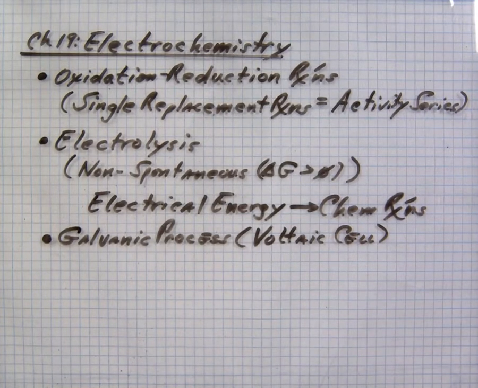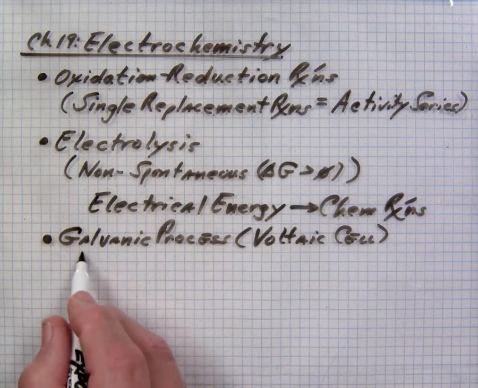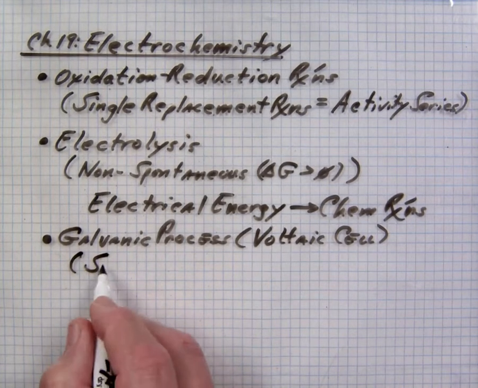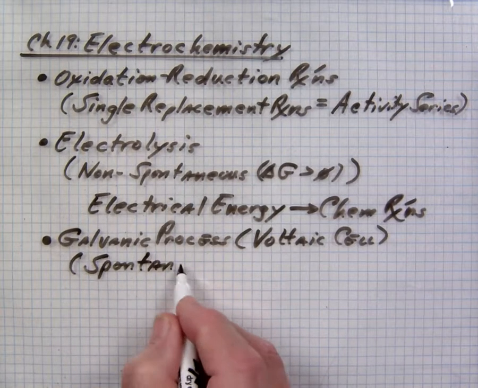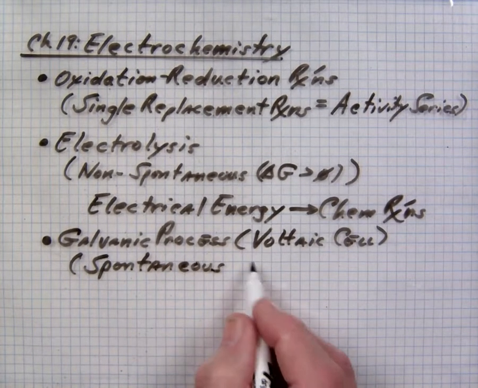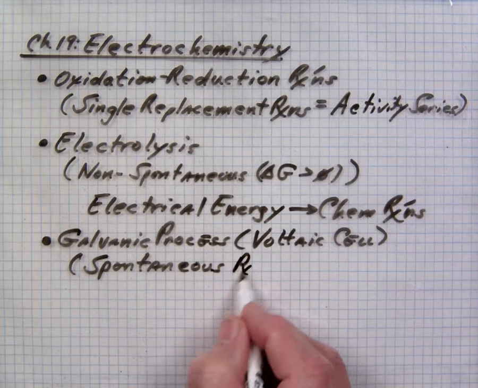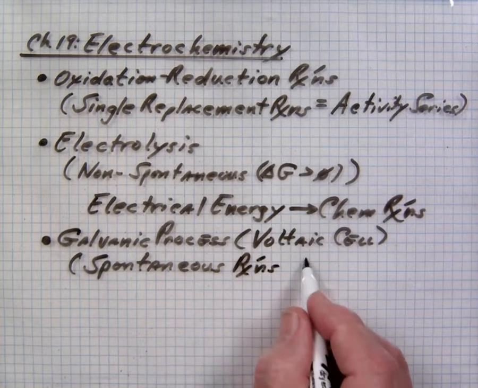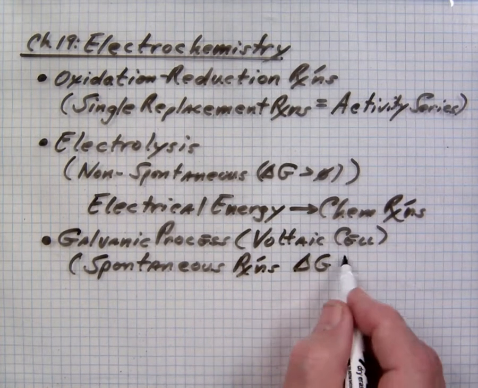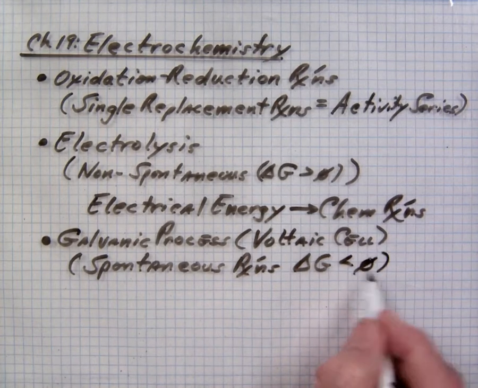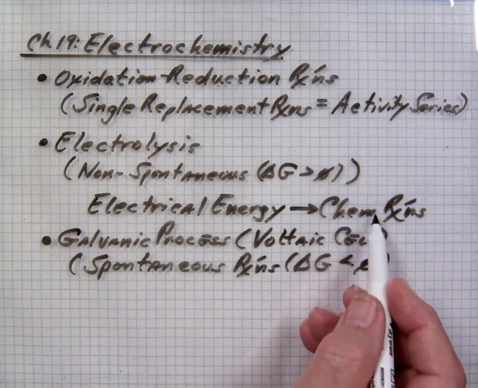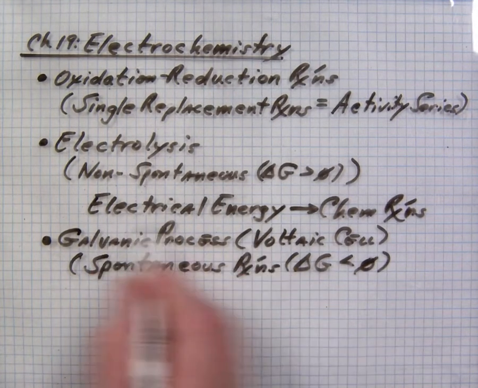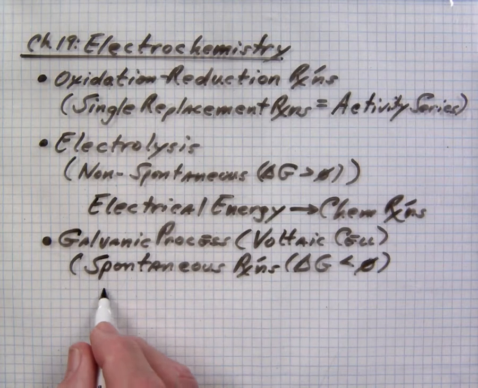In this section, these are spontaneous chemical reactions, in that delta G is going to be less than 0 for the process that we're going to be looking at. And so if this is spontaneous, we're taking chemical reactions and generating electrical energy in the galvanic process.